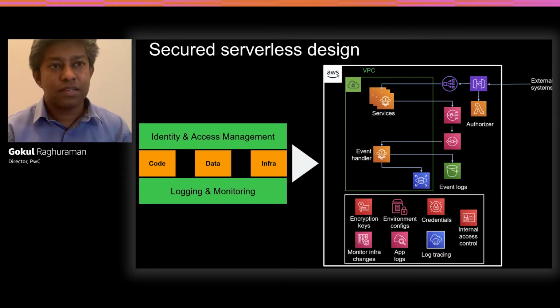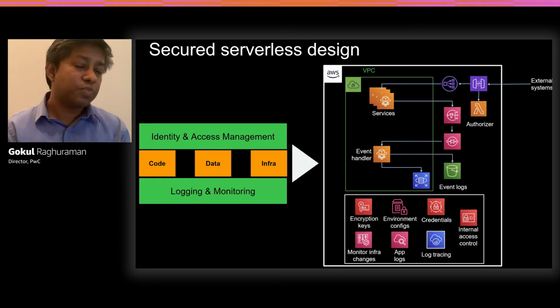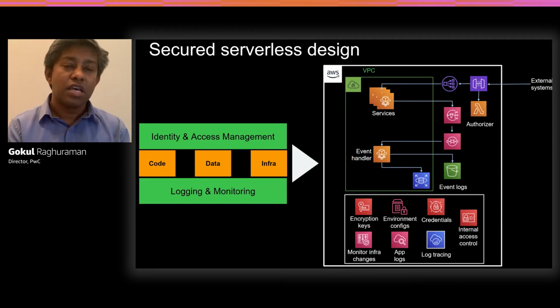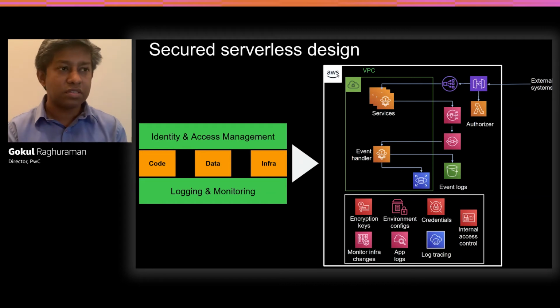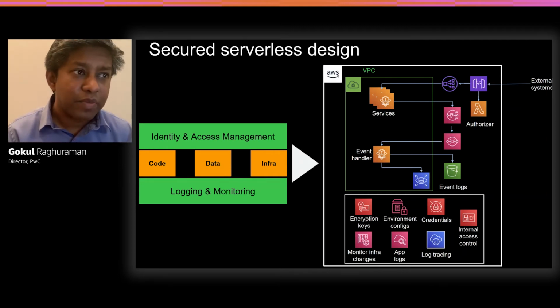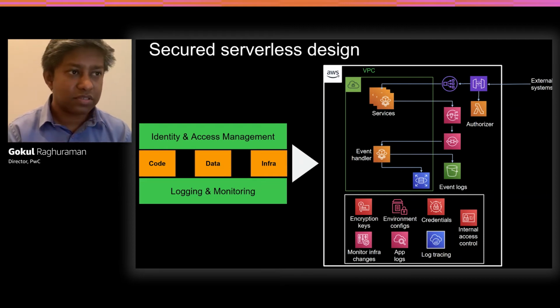So let's start with identity. This is perhaps the most critical component, if you will, to get right in your service or your application. If you want to authenticate users and applications, you are going to rely on some sort of a user directory or a database to validate those users, right?